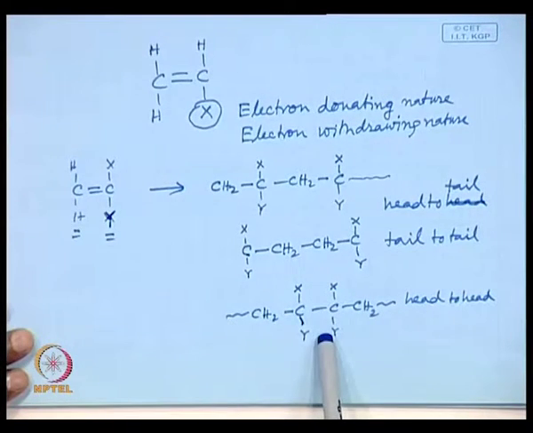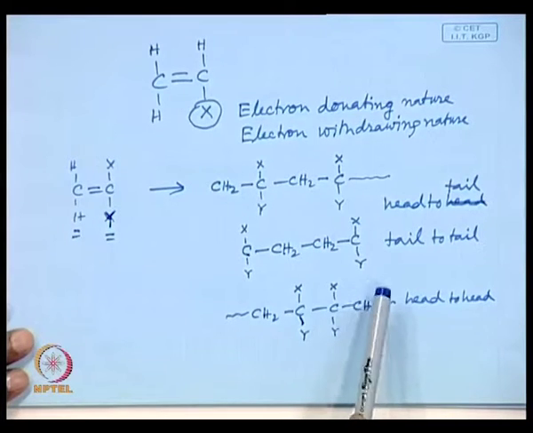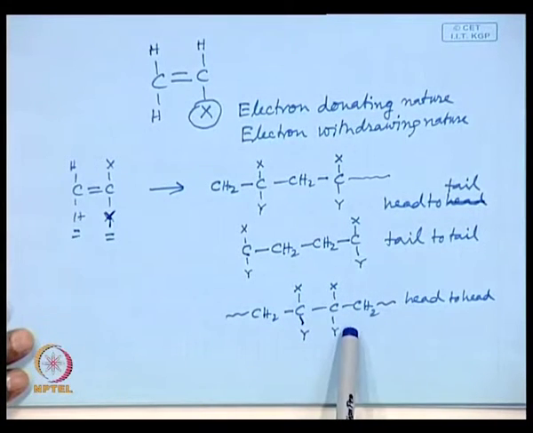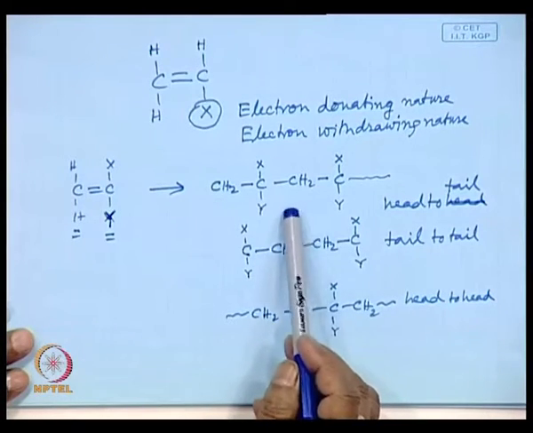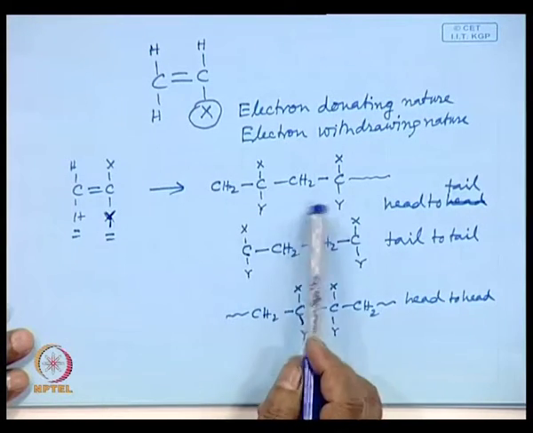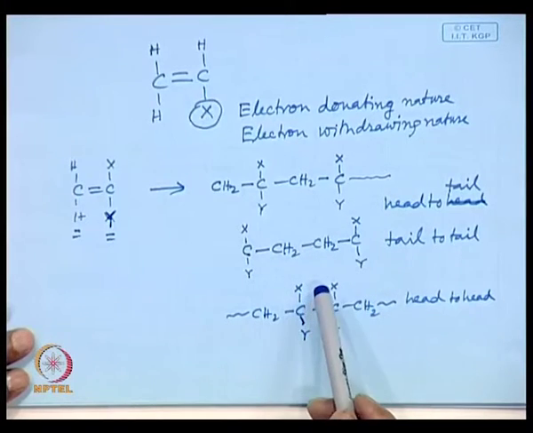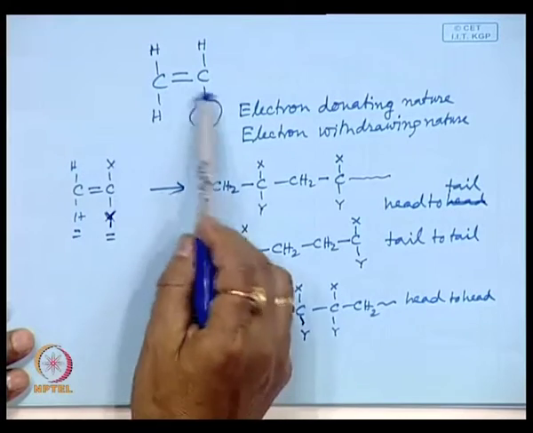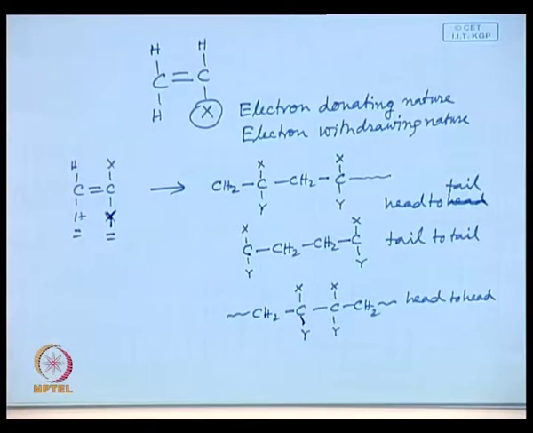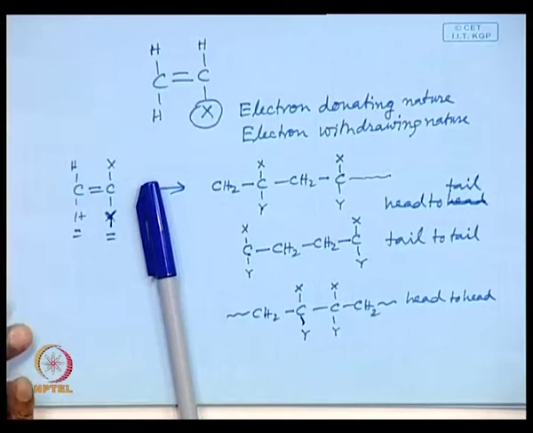So, bigger groups will hinder this kind of addition, whereas that will augment this kind of head to tail addition. So, that depends on the size of the substituents present in the monomer structure.